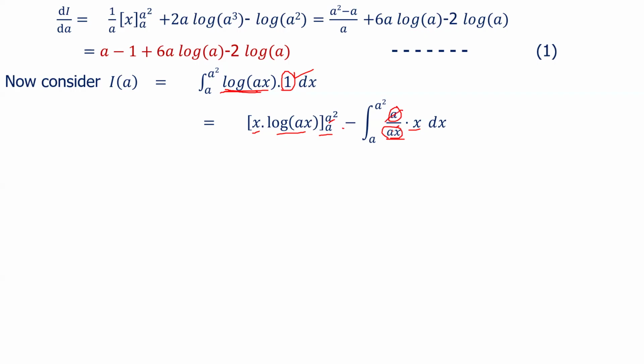Now this ax and ax will cancel. So we have a square log a cube.